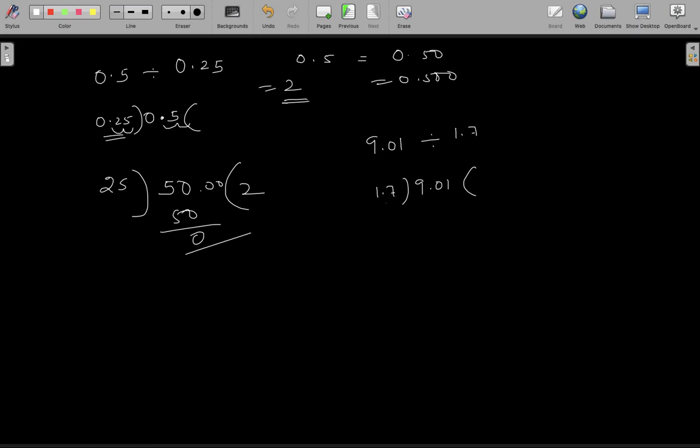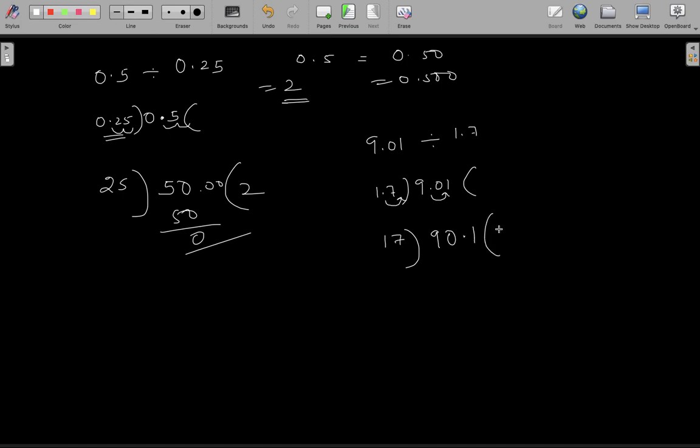I have this decimal. I want to convert this decimal number to a whole number. So this decimal number will be moving one position to the right, making it 17. So we will move this decimal point also one position to the right. So this will become 90.1.